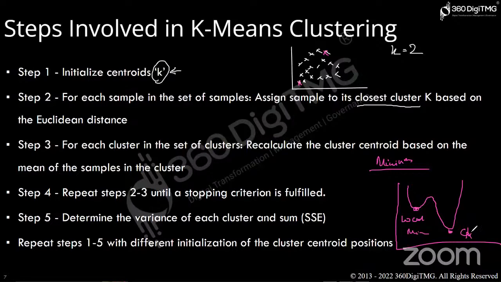Our main aim is to find the global minimum. But suppose we start from here, we will reach this point and say that this is the minima point. It will not move anywhere else. So by initializing with different locations, suppose we reach here, then we can find this global minimum. Hence we need to do this initialization again and again.